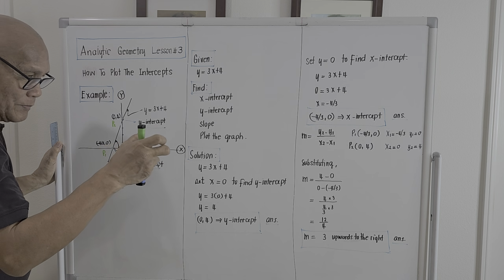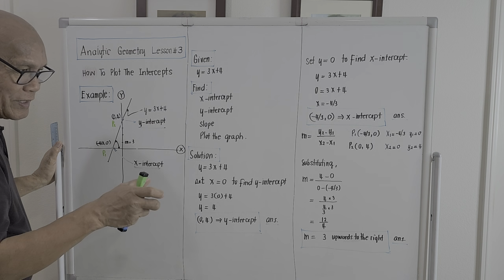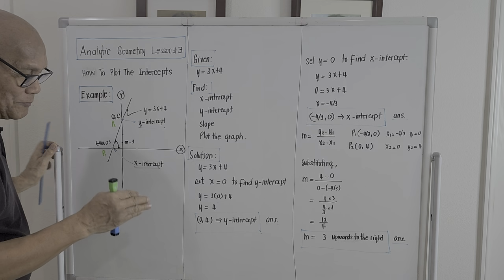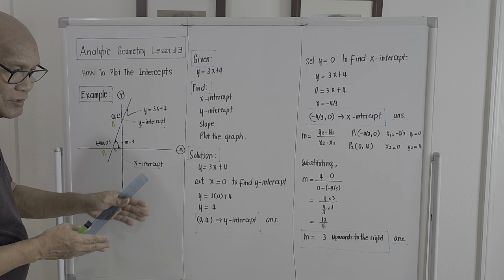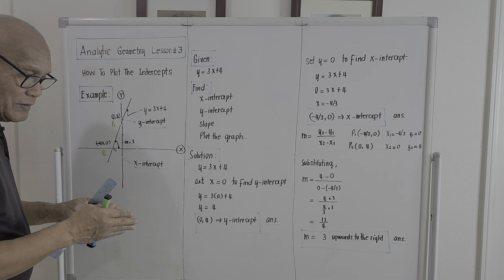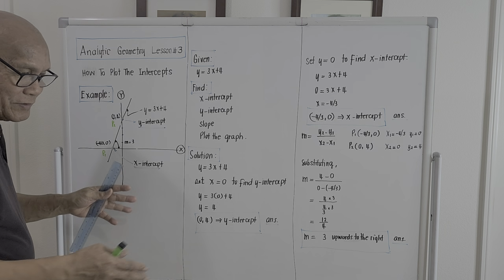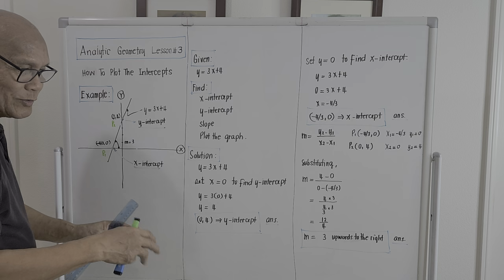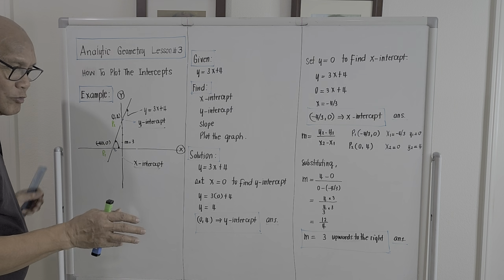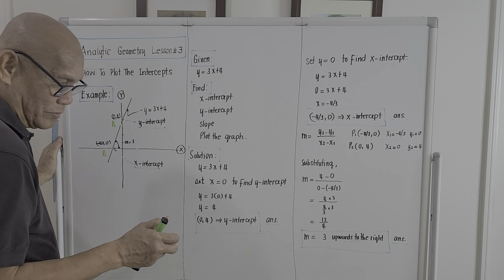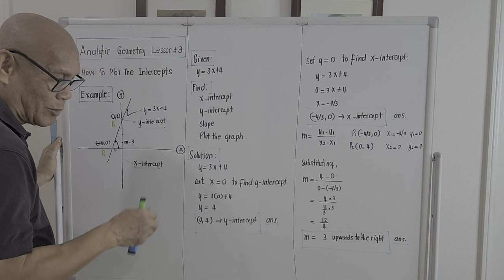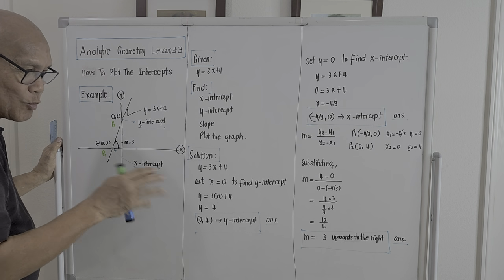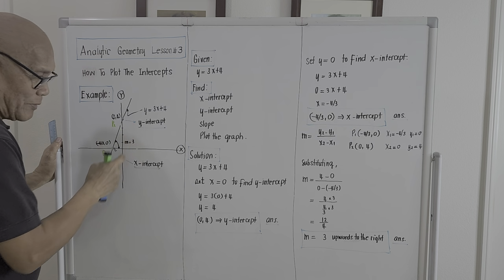For the meantime, we are considering only a straight line, because if the graph is not a straight line, the intercepts are different. There could be many. If the equation is a quadratic equation, there could be more than one y-intercept and x-intercept.